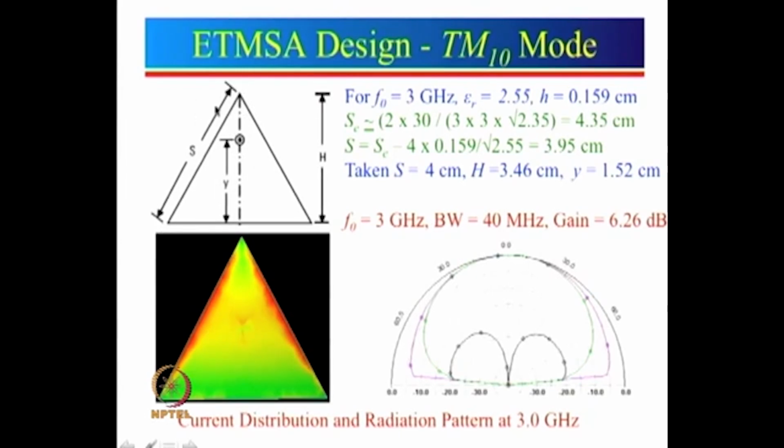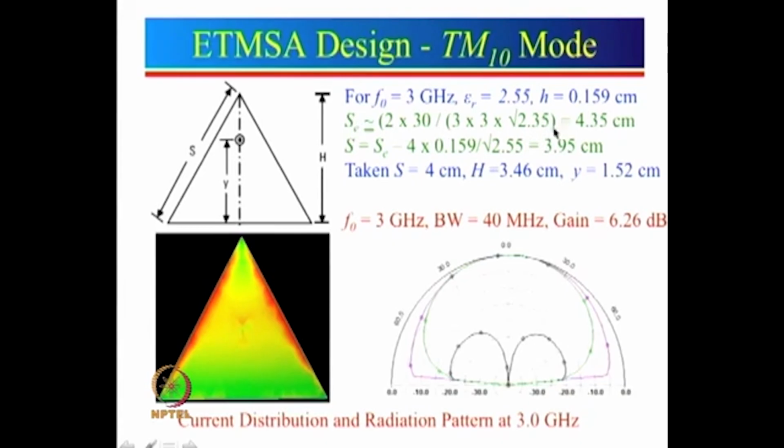We find the effective area of this triangle, equate that with the effective area of a rectangle of this length, and calculate the corresponding width. For that width we need to calculate epsilon effective, and since the effective width will be small, epsilon effective will be relatively small. So, I just took 2.35, but you can always do a little longer method, but this one generally works quite okay.